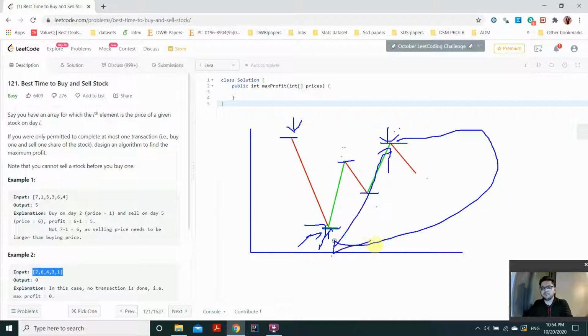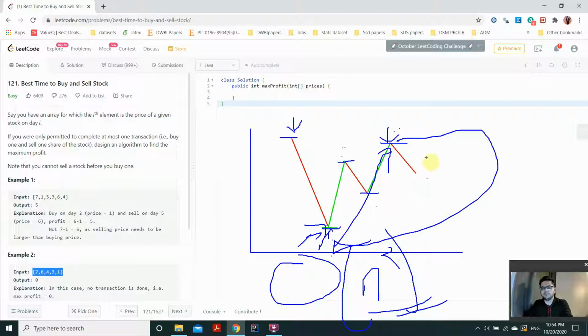This is not a wrong solution, but the time complexity of the brute force solution would be big O of n square, since we need to go through each and every point and calculate the profit at each point.